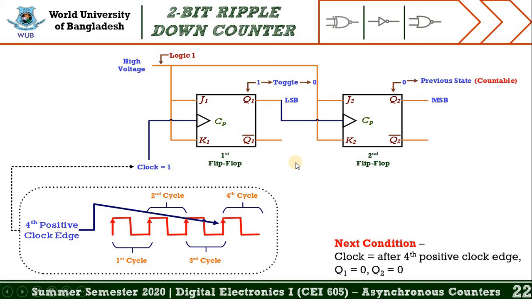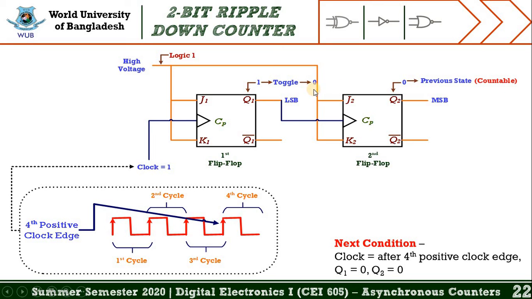This slide represents the last condition of the 2-bit ripple down counter, which means the fourth positive clock edge is applied at the clock. That's why the value of clock is 1. If the value of clock is 1, the first flip-flop is activated, and we found the value of output is 0, because the previous value is 1.